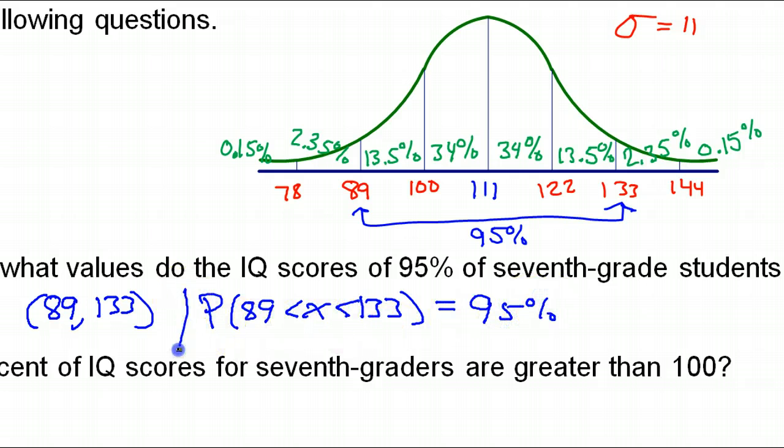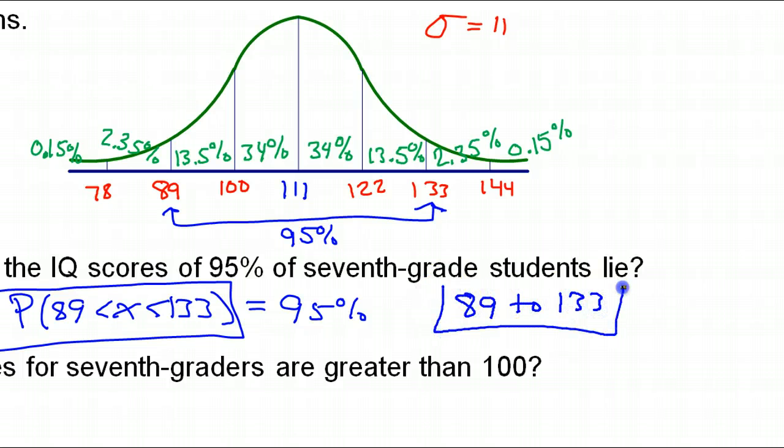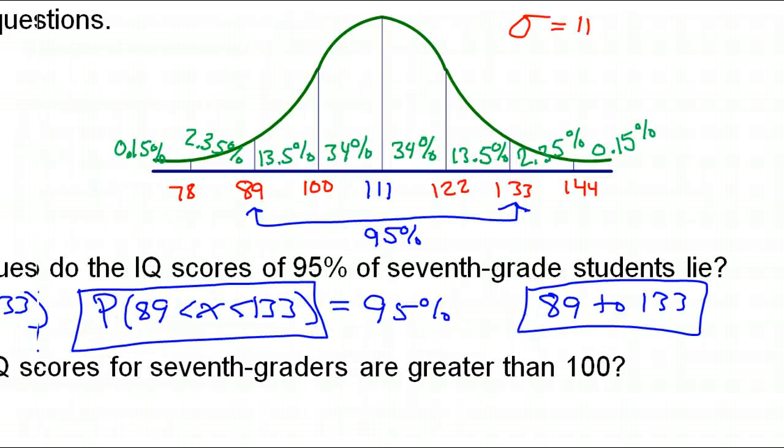So this is kind of the answer over here on the left. Either way, or you could just use words and say 89 to 133. So many ways to do it.